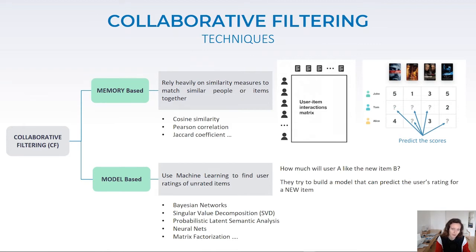In a model-based approach instead, the software system builds a model of the user, for example, and what the user can potentially like. So it uses a more complex approach to determine future observations. And this approach uses methods such as matrix factorization, singular value decomposition, and Bayesian networks.